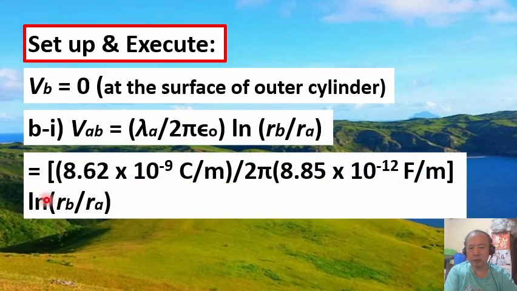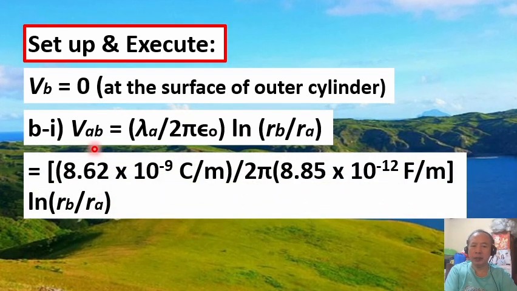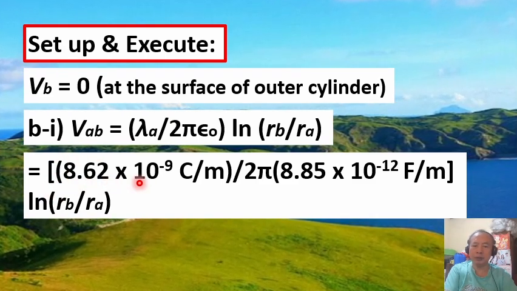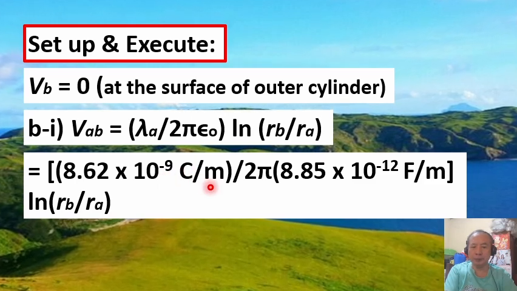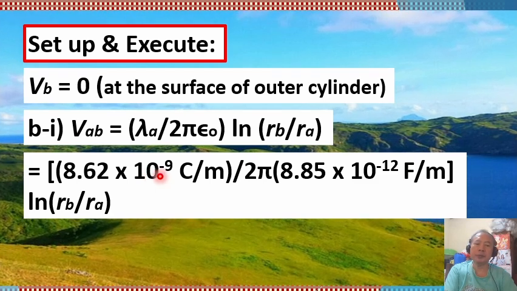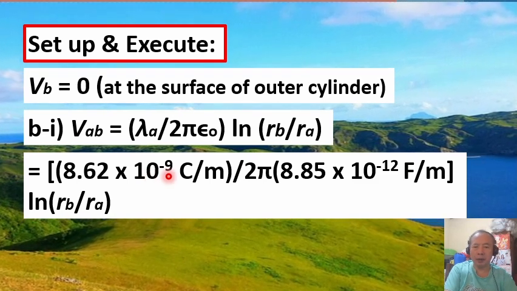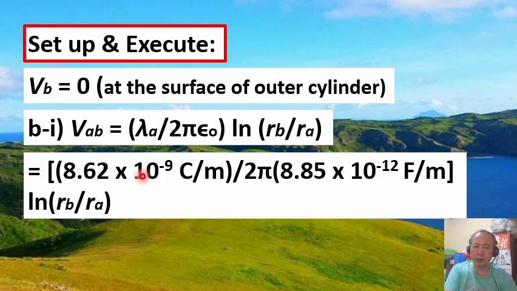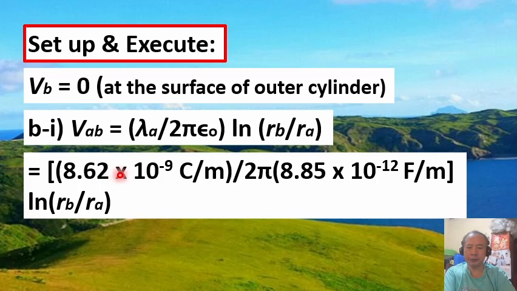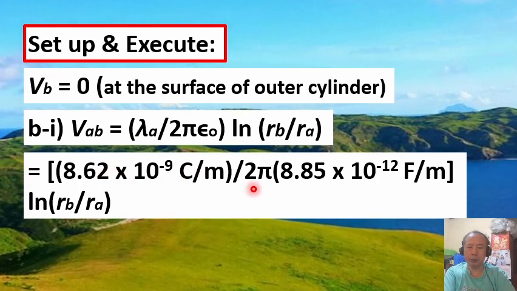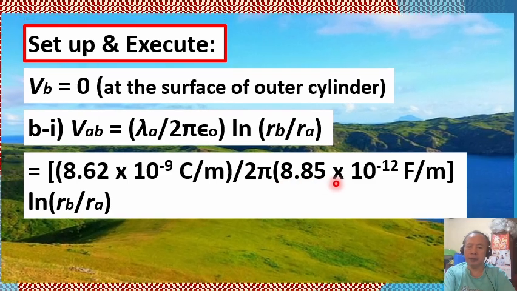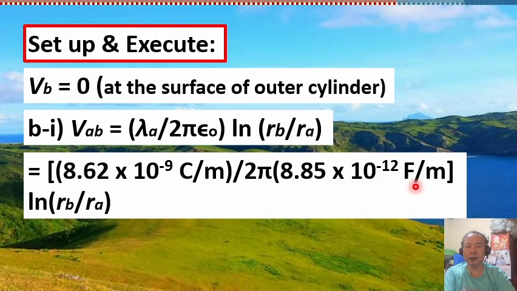When we substitute the quantities, we get capital V sub AB being equal to 8.62 times 10 to the negative 9 coulomb per meter, this is the lambda for the inner conductor, divided by 2 pi epsilon naught, 8.85 times 10 to the negative 12 farad per meter.